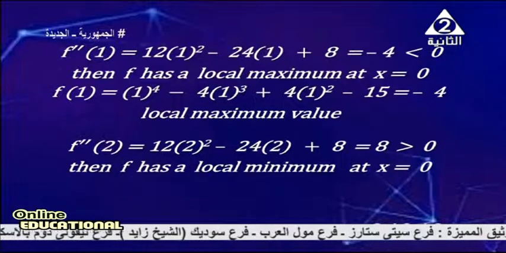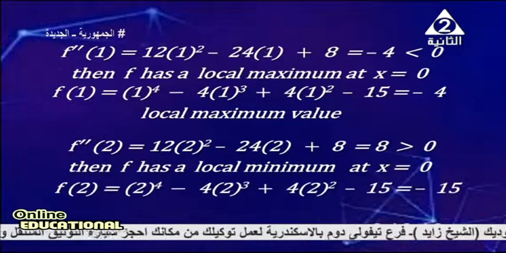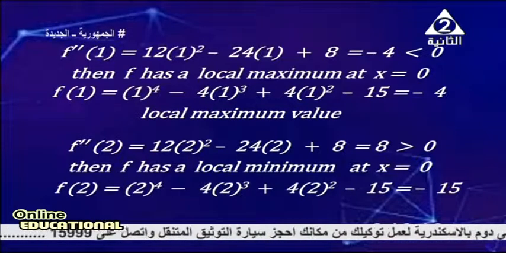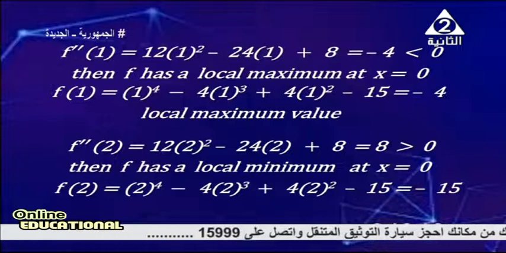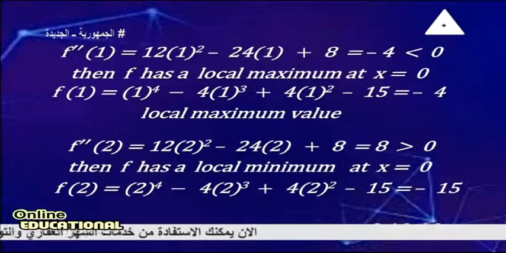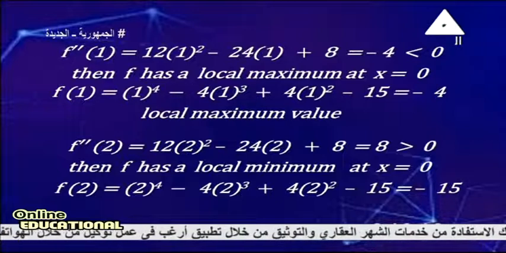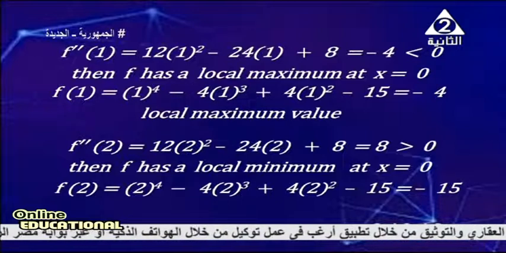What is the value of the local minimum value? F of 2 equals 2 to the power 4 minus 4 times 2 to the power 3 plus 4 times 2 power 2 minus 15 equals negative 15, and negative 15 is the local minimum value.